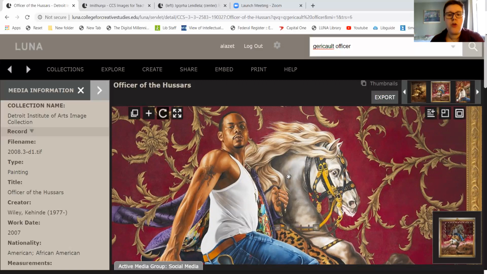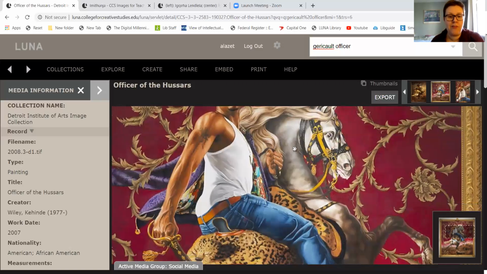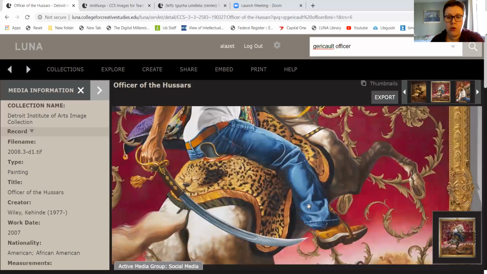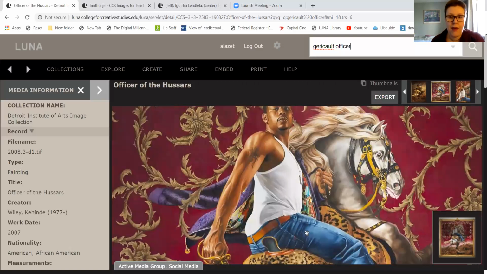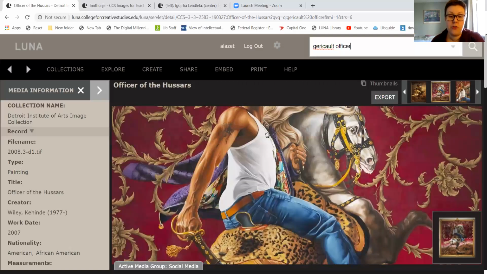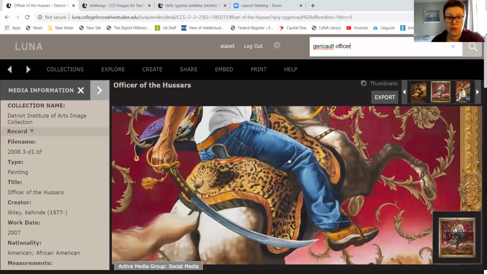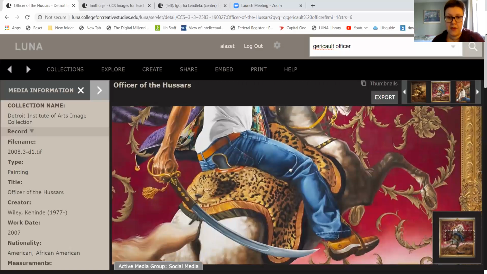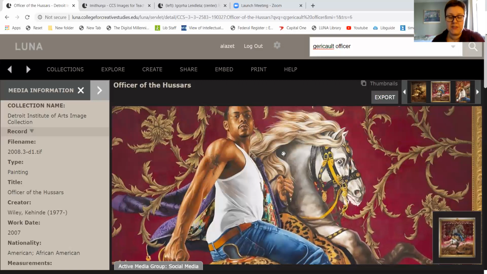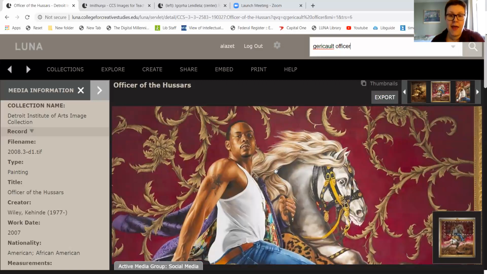All right, so you have this depiction of an African American man who's wearing just casual, everyday clothing. He has tattoos, but he's holding the sword, like in the Jericho piece. Okay, he's on the horse, as in the Jericho piece, and he's very dignified. He is asserting himself. He's looking straight at the viewer.